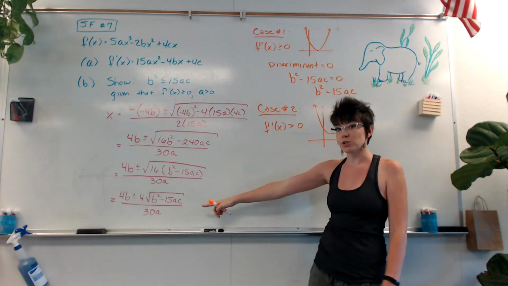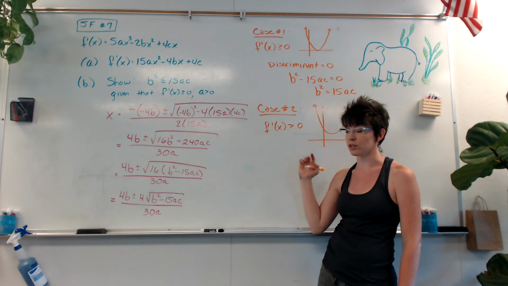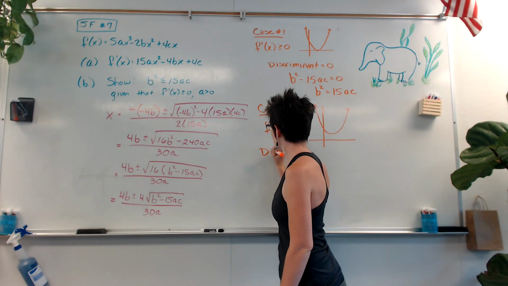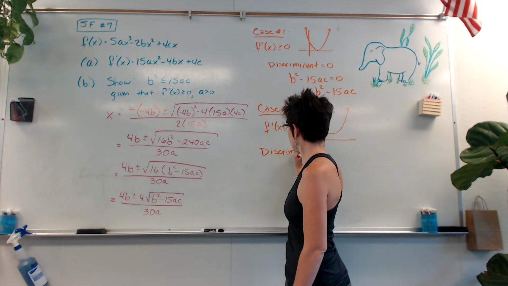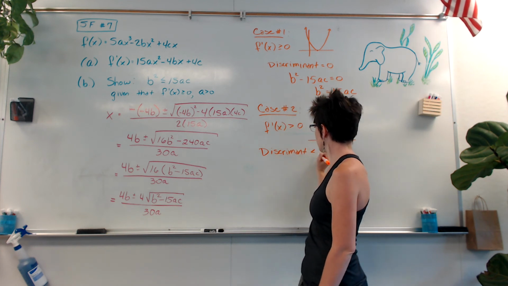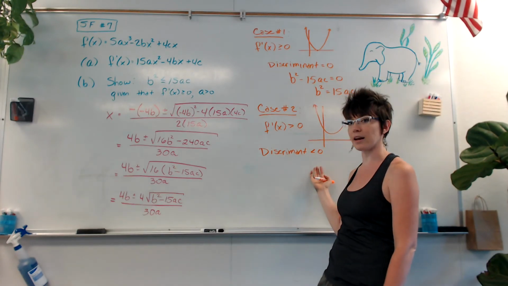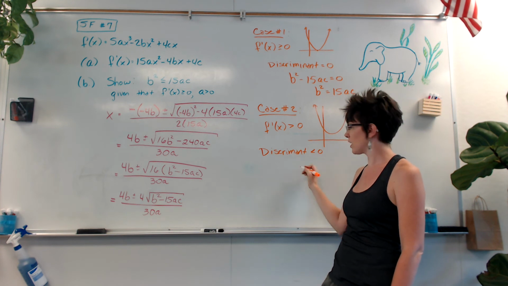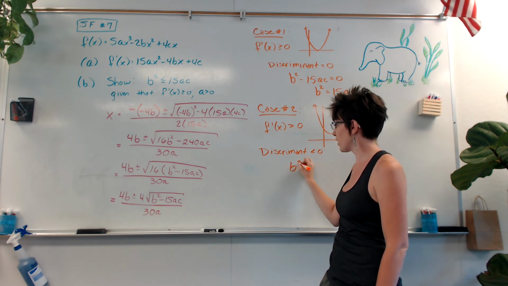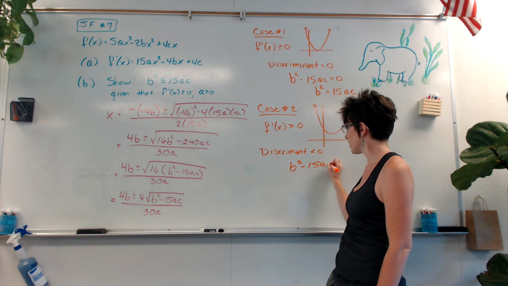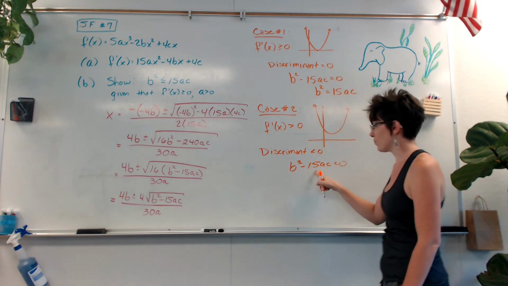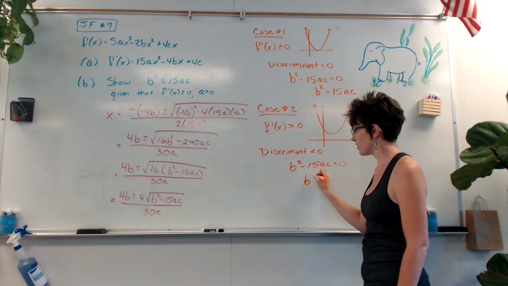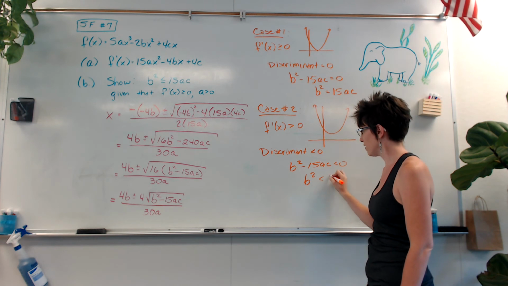So the other option you might have here in this situation is that your discriminant underneath the radical was less than zero. It was negative. In our situation, that looks something like b squared minus 15ac would be negative. And when I add this to the other side, I find that b squared is less than 15ac.